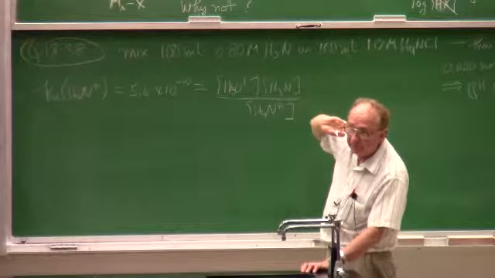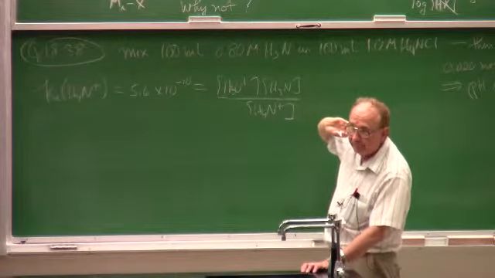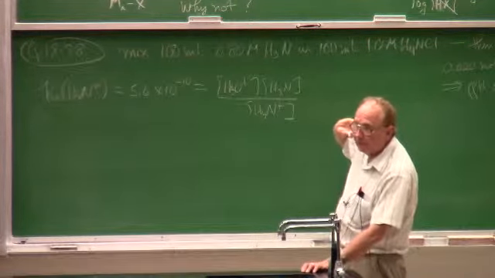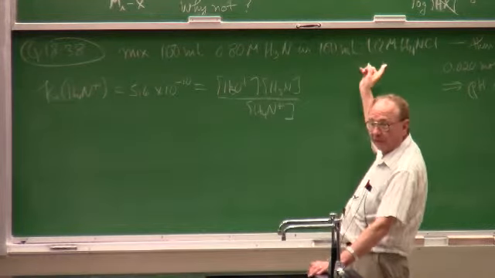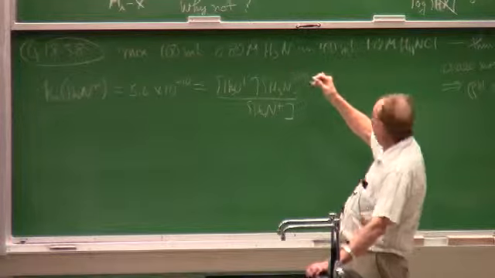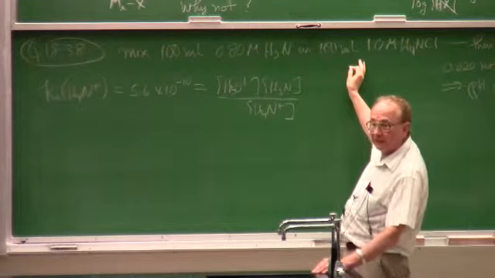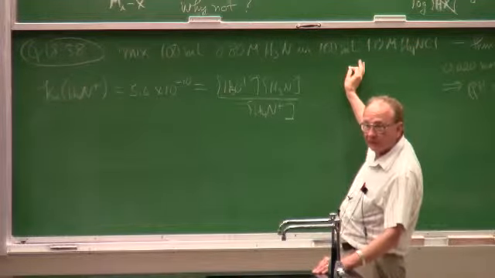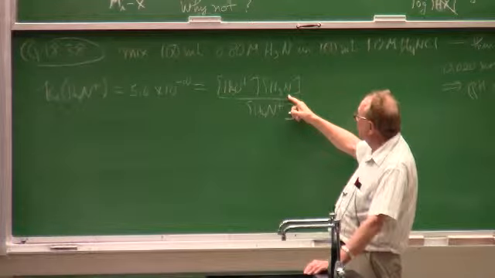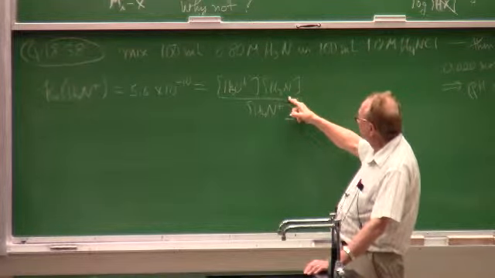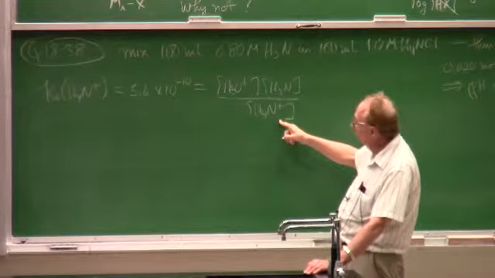What will it become? 0.40 molar. Am I not going to dilute this solution by a factor of 2? And the ammonium ion molarity will become 0.50 molar. So I can put in here 0.40 molar, 0.50 molar.